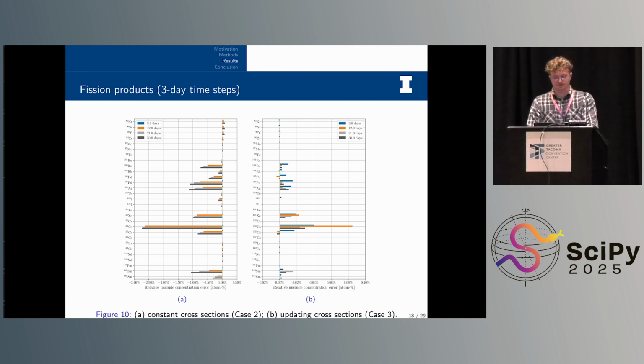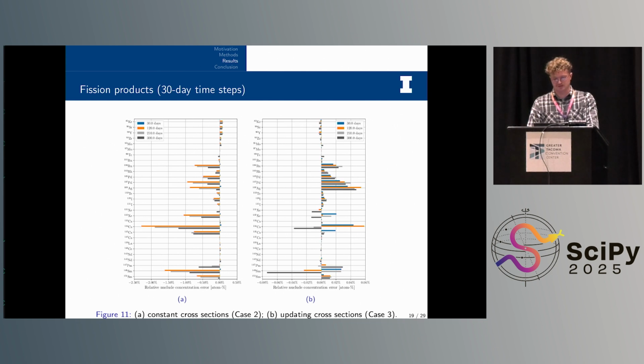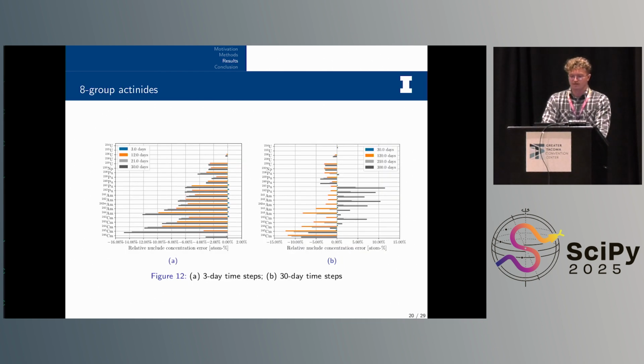And this is for 3 days. For 30 days, we see similar things. Error is extremely low. I would say it's acceptable. For the 8 and 40 group cases, we don't really see any difference compared to one energy group. They're effectively identical, which is interesting.